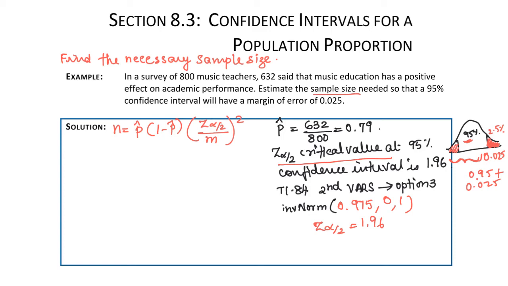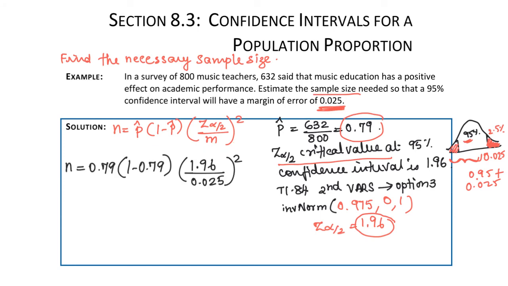So right now we know the p cap, we know z alpha over 2, that is the critical value, and m, that is the margin of error. That is given here, so we can use that value. Now substitute all these into this formula and calculate.